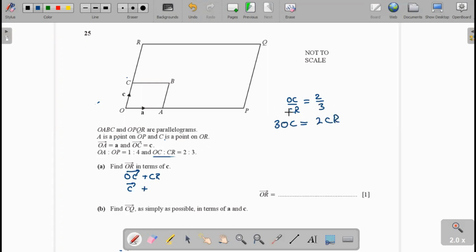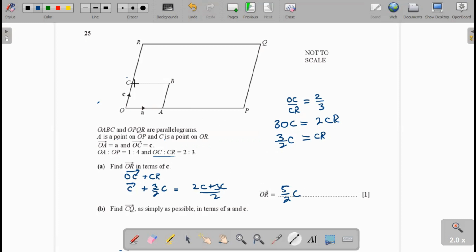We cross multiply these values, and CR will be equal to 3 over 2 c, since OC is equal to c. It becomes 2c plus 3c over 2, which is equal to 5 over 2 c.